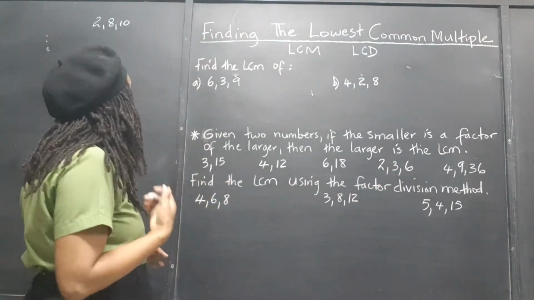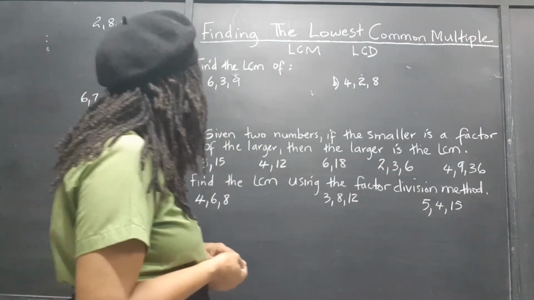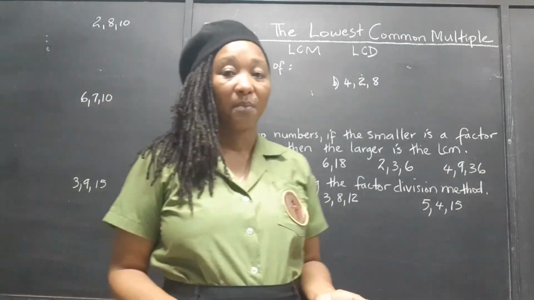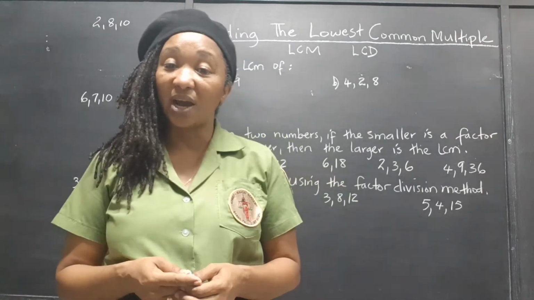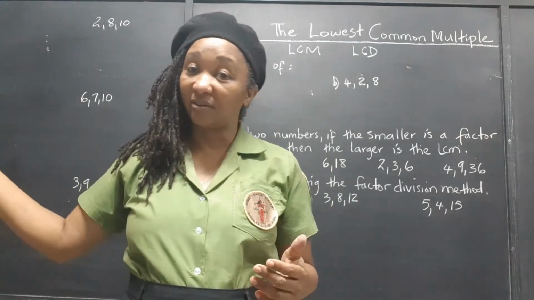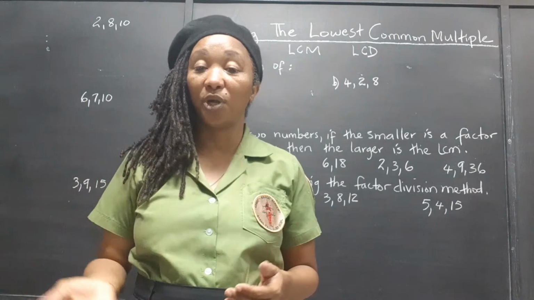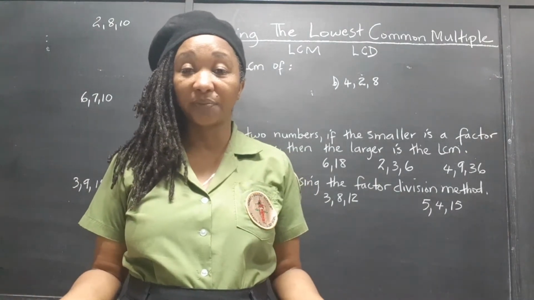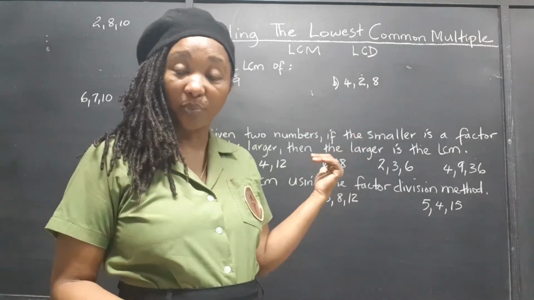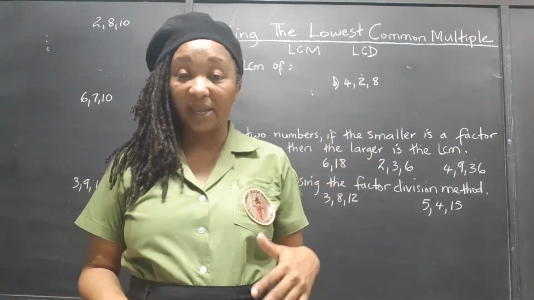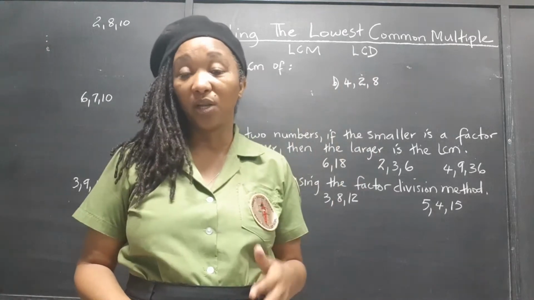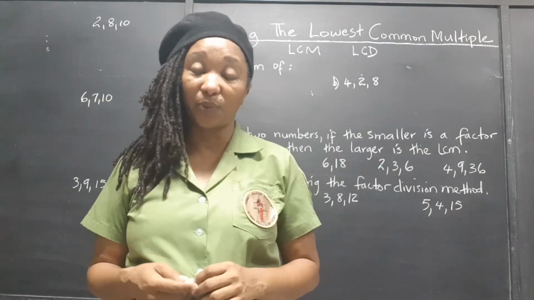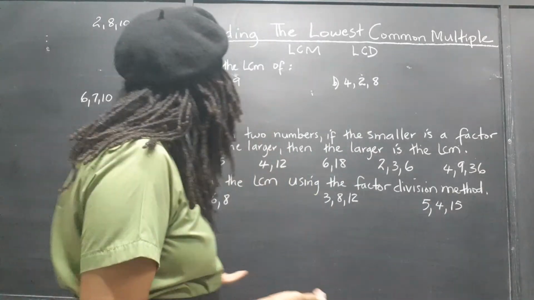So, the first method, and this is actually the most tedious method, because depending on how big the numbers are, you can be listing for a long time, listing out the actual multiples. So this method is: list out the multiples of the given numbers until you find the lowest common one, the smallest one that's common to all the numbers that you're dealing with, whether it's two numbers, three numbers, four numbers.